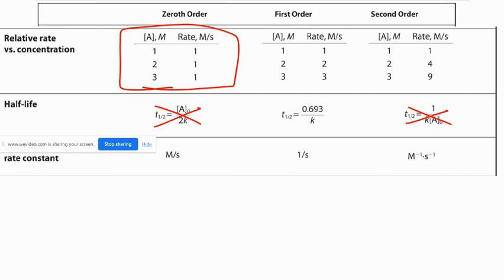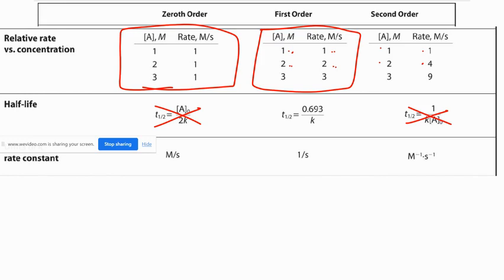Here, if I look at my concentration, this is going up. The rate is going at the same change as the concentration. That's first order. And then here, if my concentration has gone from 1 to 2, the rate is the square. Okay, good.